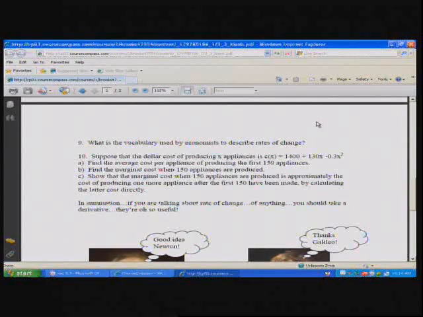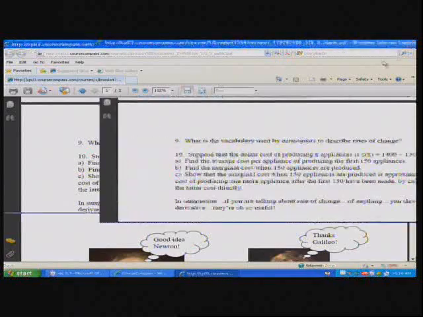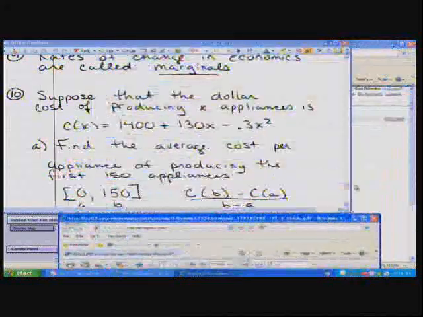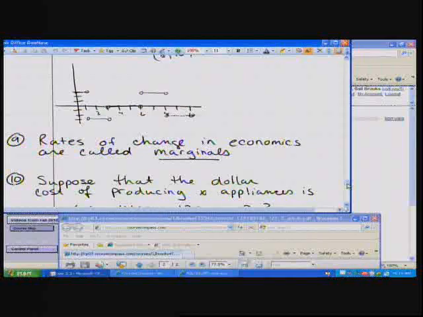We're just going to, it's boring anyway because it's like how to use math to make money, and that's not fun. But anyway, we're going to do one business application. So what is the vocabulary used by economists to describe rates of change? Those words are marginal cost and marginal revenue. If you've ever taken a business class, or even an economics class, you may have heard those words.